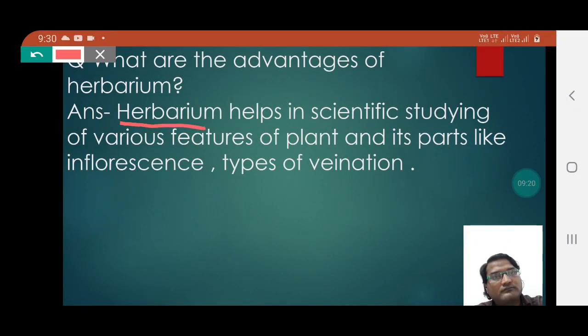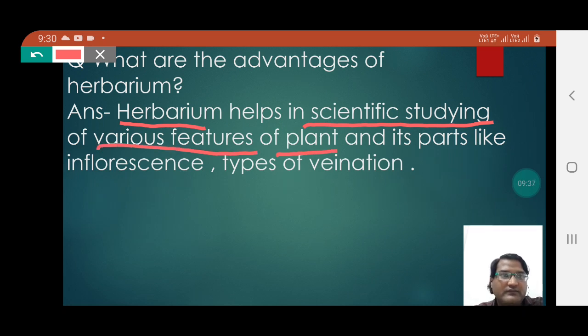So students, herbarium plays a very important role in scientific studying, that is very detailed studying of various features of plant and its parts.